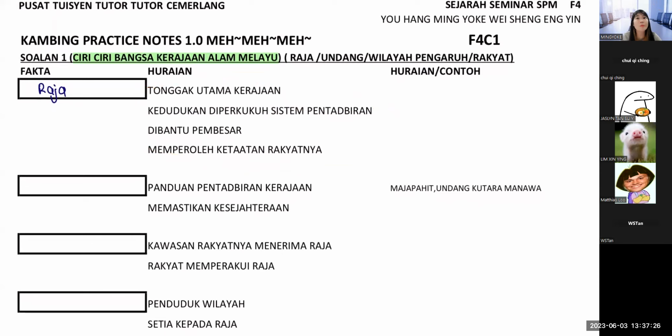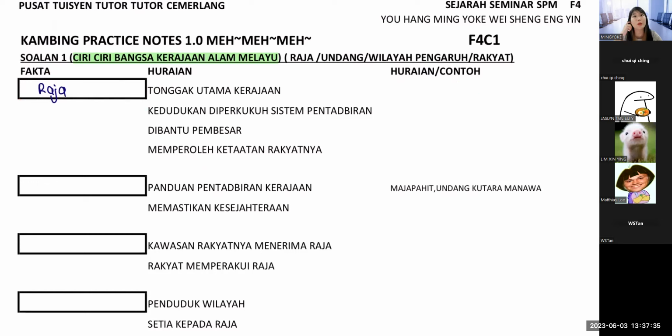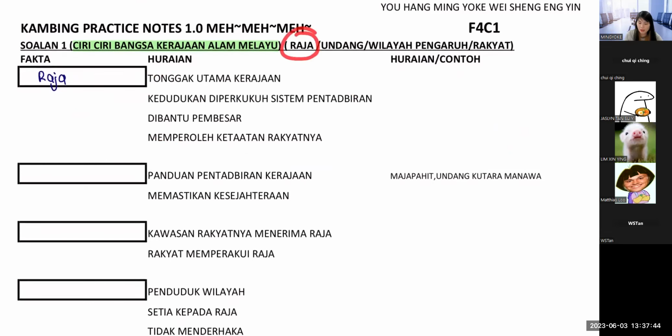Remember I told you before? Remember I told you structure question, maximum 4 marks. So Raja alone 4 already more than enough. You don't need to remember so many. You understand, right? So like this already got 4 marks. Then after Raja, you have undang-undang.